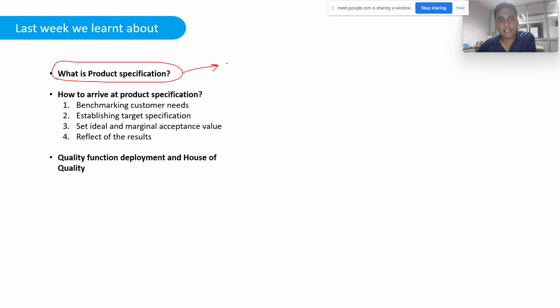Product specification is basically when we try to quantify the qualitative requirements of a user, we convert the user needs into specific product features or specifications. And the nature of product specification is quantitative, so it has a metric and a value.